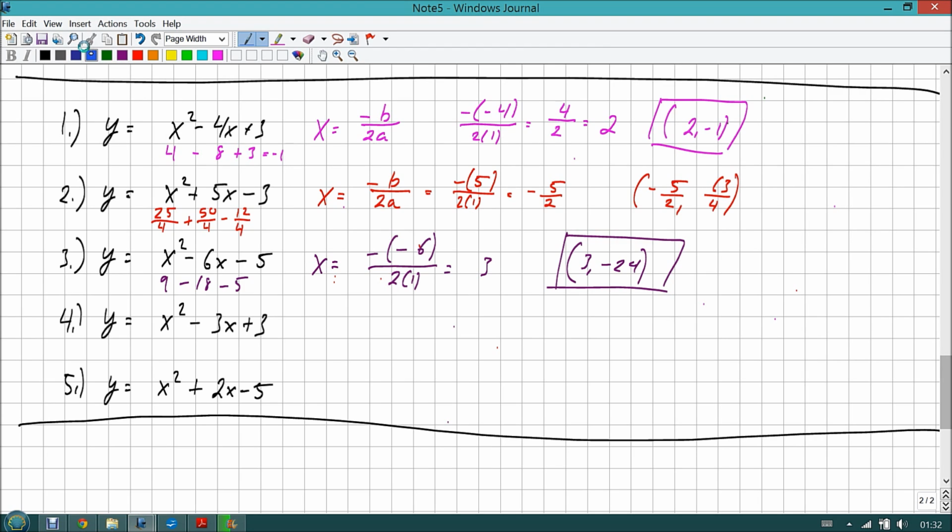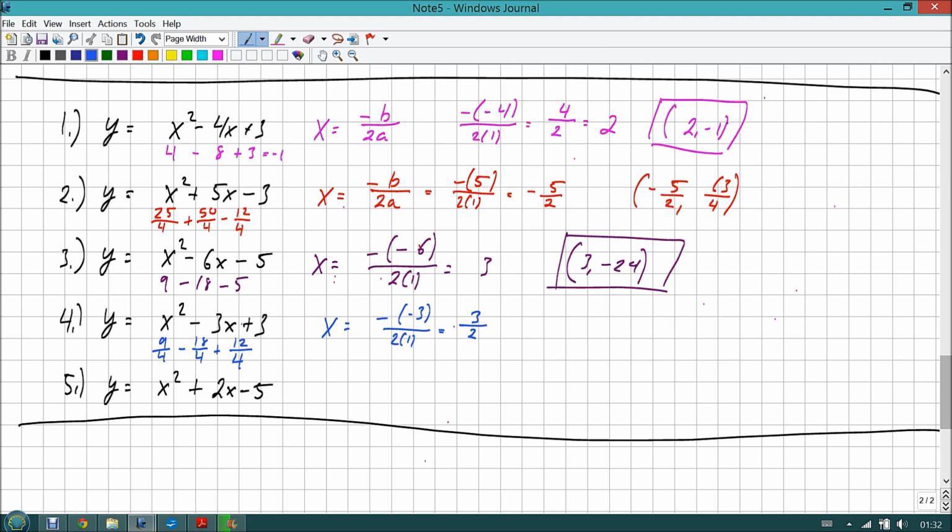On number 4, so we have negative 3 over 2 times 1, which is going to be another fraction at 3 halves. Plugging it in, we get 9 over 4 minus 9 over 2, which is plus 12 over 4.